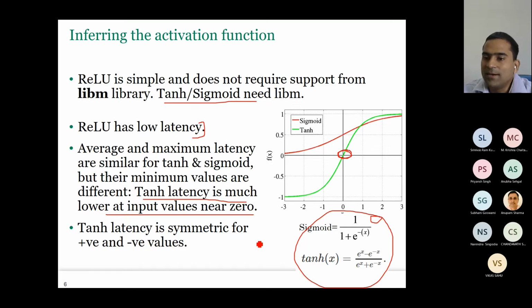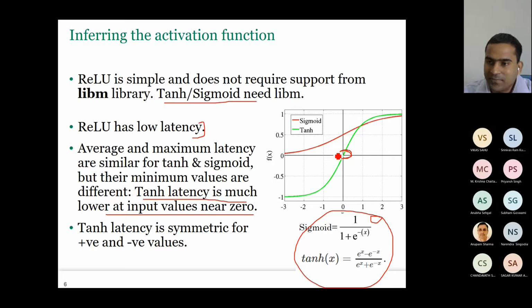Maybe we may not have come up with this observation ourselves, but if somebody else explains it to us, at least we can agree that it all makes sense. Because at small values, the outputs will also become very small, so the processor can probably finish them in very little time, but they may cancel each other.